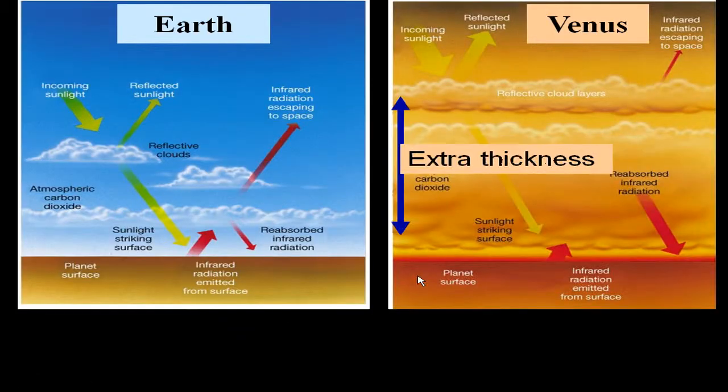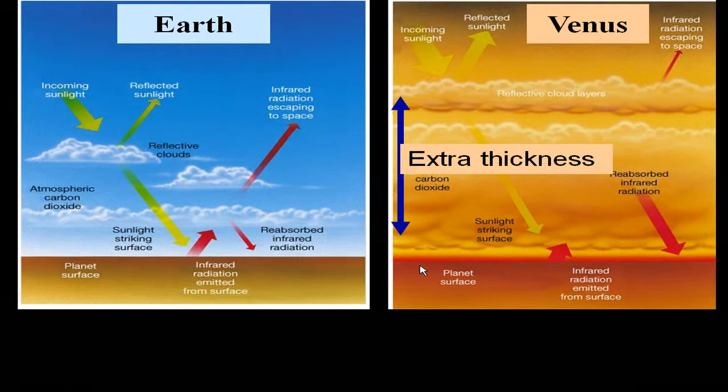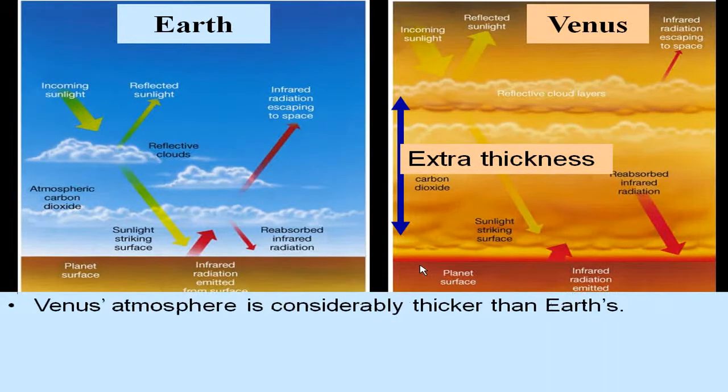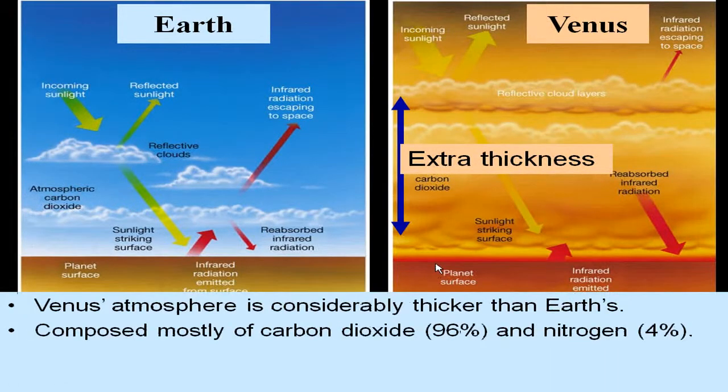Here's a look at its atmosphere. There's extra thickness to it because there's so much of this atmosphere, considerably thicker than the Earth's. It's composed mainly of carbon dioxide, 96%, and nitrogen, 4%. It's similar to the kind of atmosphere Earth would have if all of our carbon dioxide from limestone and the oceans were put out into our atmosphere.